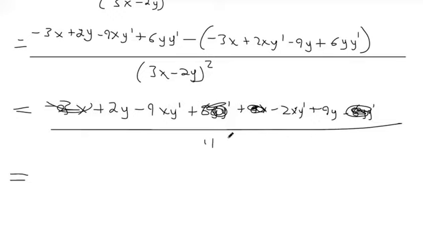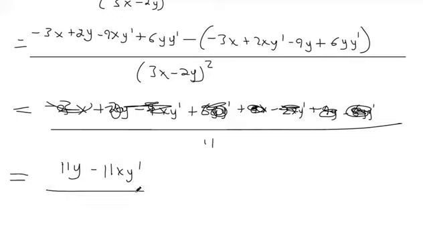And then 2y plus 9y makes 11y. Negative 9xy prime minus 2xy prime makes negative 11xy prime. Yeah, that's way easier. Okay, that's all over 3x minus 2y squared.